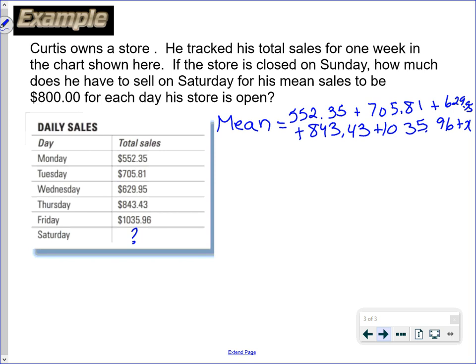Okay, so we've added Monday, Tuesday, Wednesday, Thursday, Friday, and then the X represents the Saturday. And we want to divide this by 6 because there are 6 days between Monday and Saturday. And we also know that our mean is $800. So he wants a mean sale of $800, or an average sale of $800 per day.